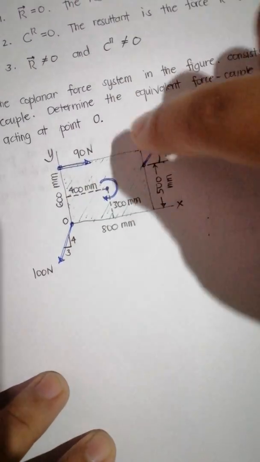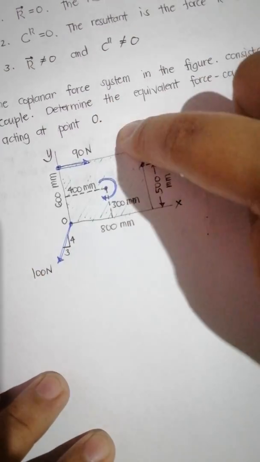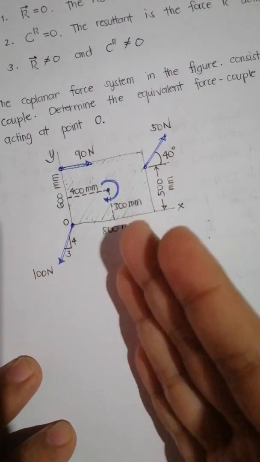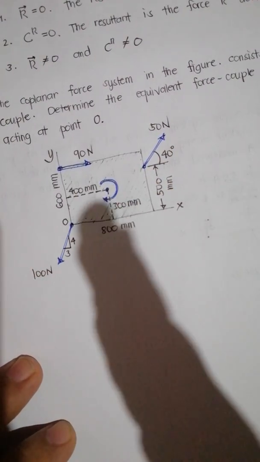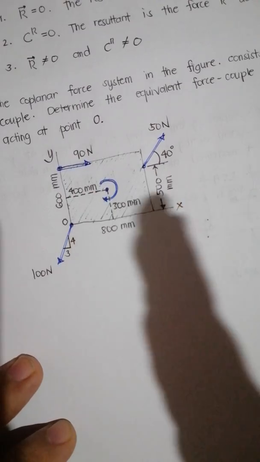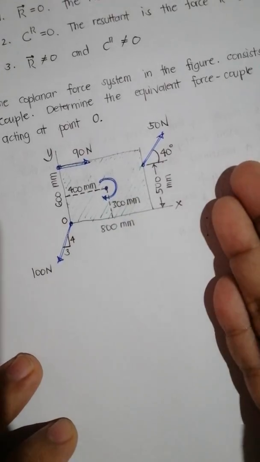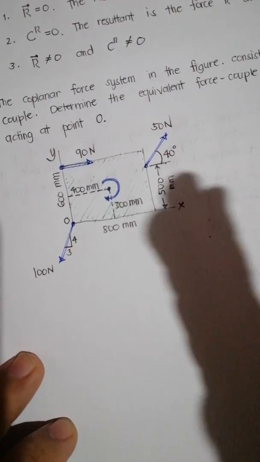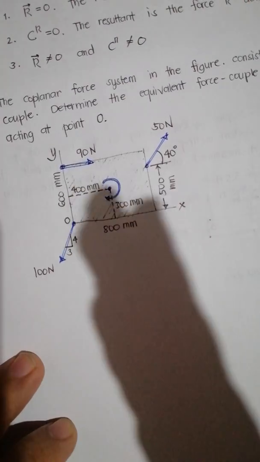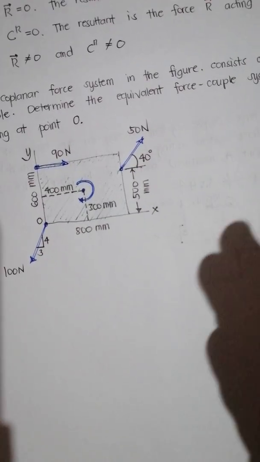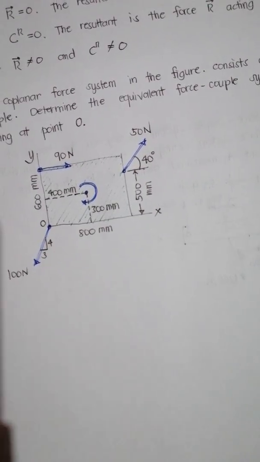Wherever you transfer a couple vector, it does not form a couple of transfer. So, couple vectors can freely be moved and transferred. Unlike force systems, where if you transfer a force there will always be a couple of transfer formed. But couple vectors are movable without changing the effect on the rigid body.